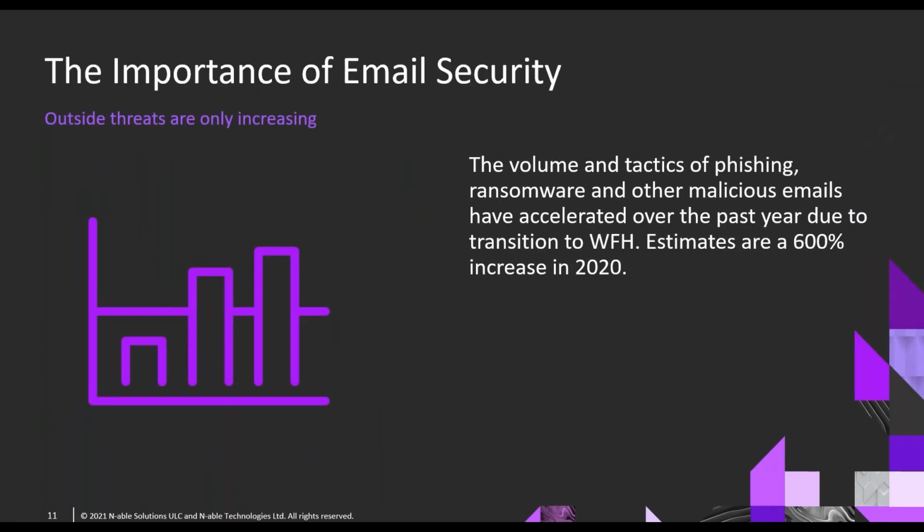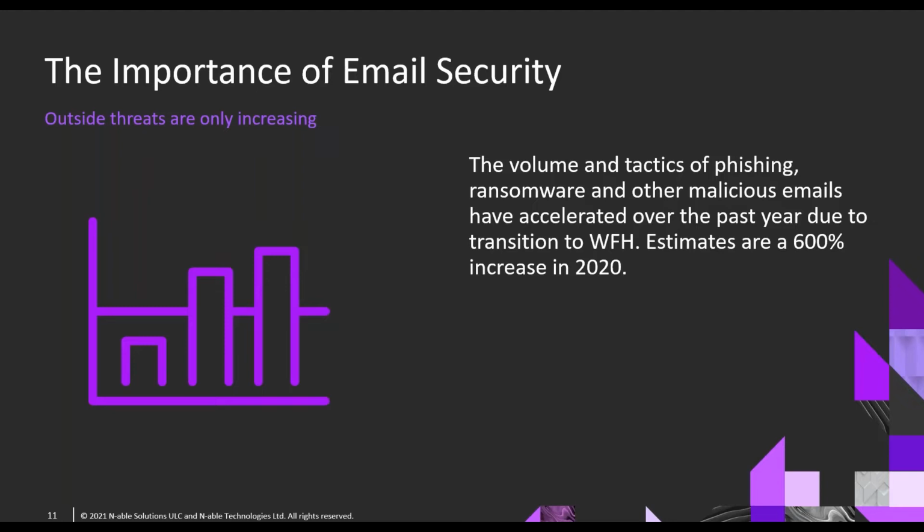The volume and tactics of phishing, ransomware, and other malicious emails have accelerated over the past year due to the transition to work from home because of COVID. There are multiple estimates out there, but most of them settle around about a 600% increase in email-based attacks in 2020, and that's only persisted.